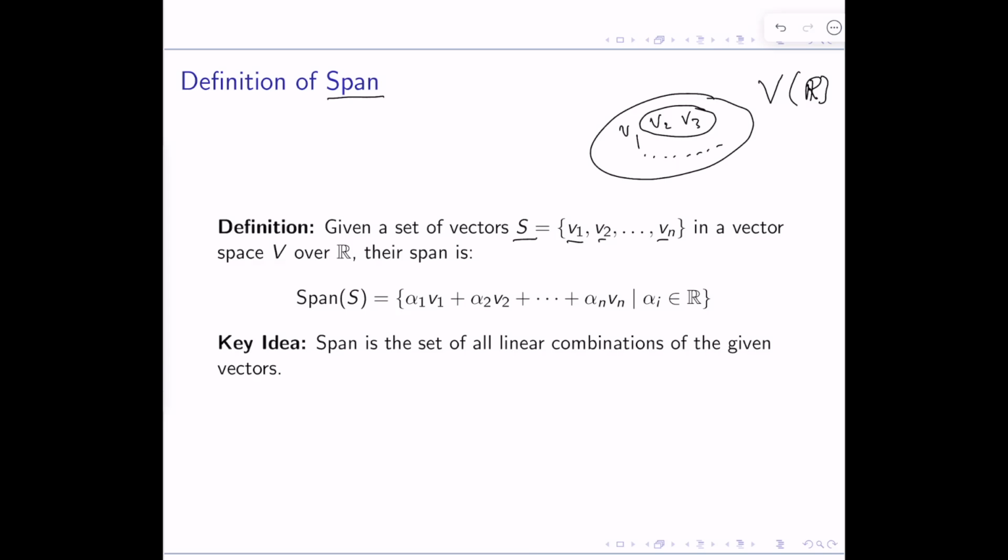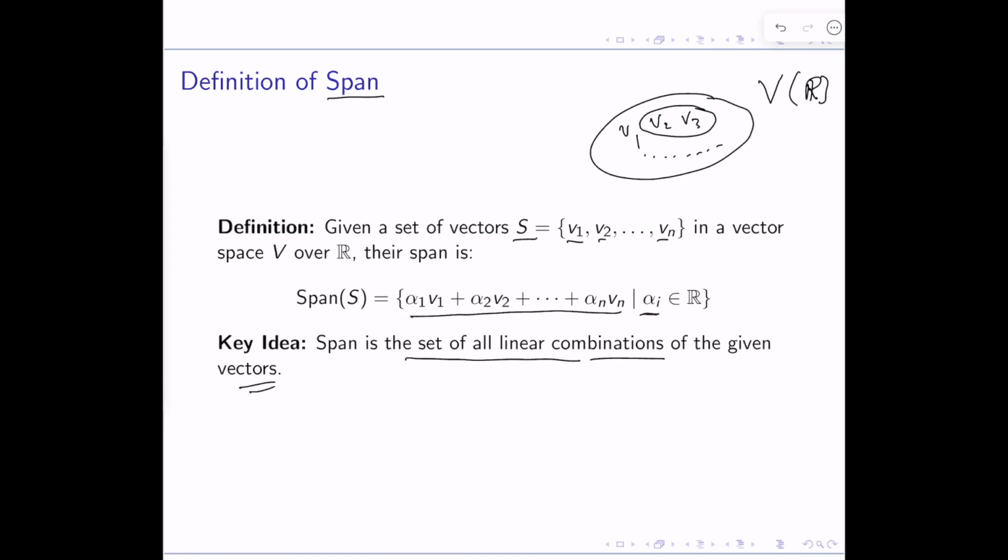Then their span is the set of linear combinations alpha 1 V1 plus alpha 2 V2 and so on, where each alpha i belongs to the field. It means the span is the set of all linear combinations of the given vectors.